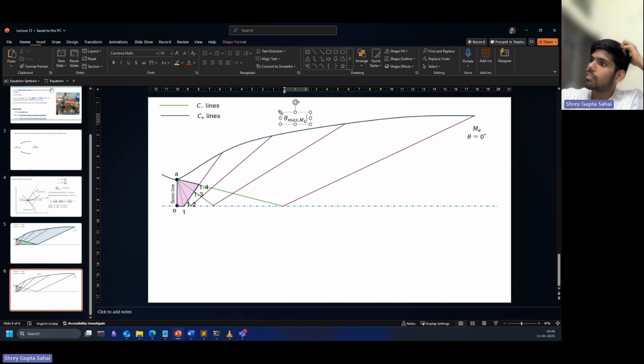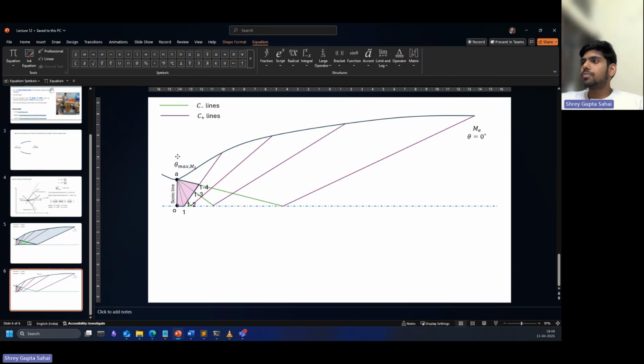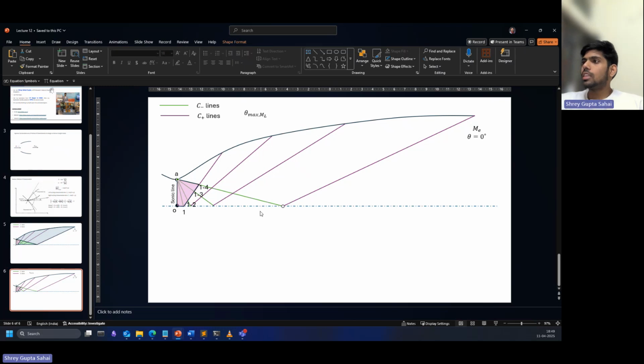Now, how are you going to find it? What is the logic there? Just like you see that the last C minus line expands the flow in a certain manner. Then there are going to be a series of other expansions and a final expansion that is going to happen.